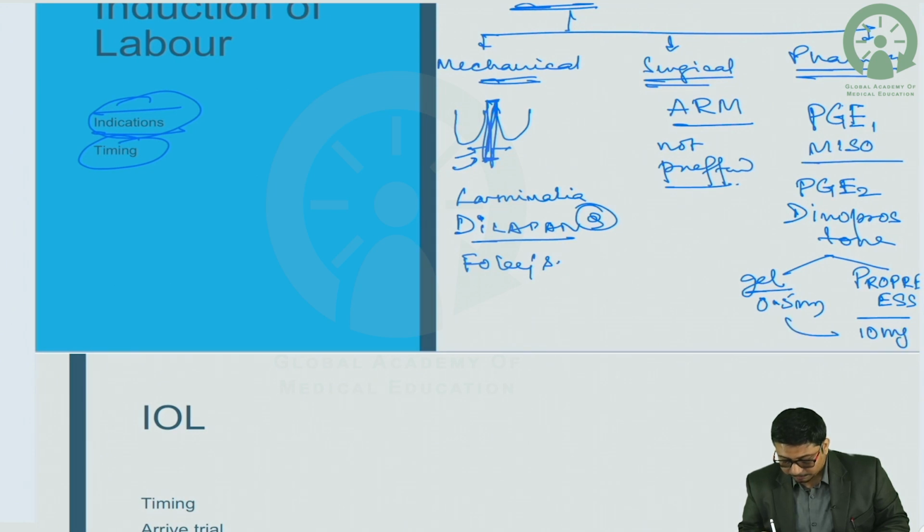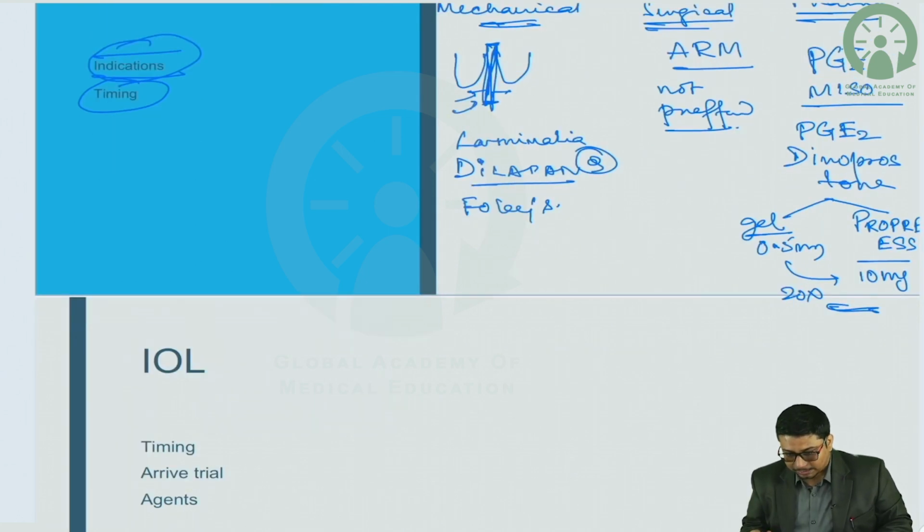So this is 0.5 mg, this is 20 times higher, and this is to be kept in the posterior fornix as well.